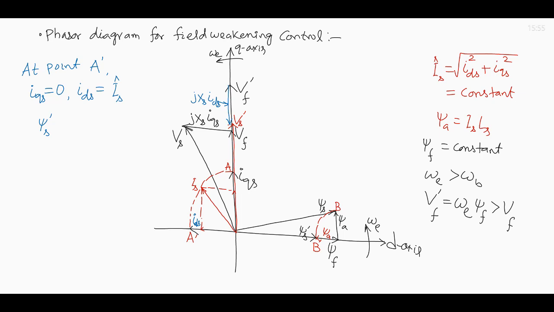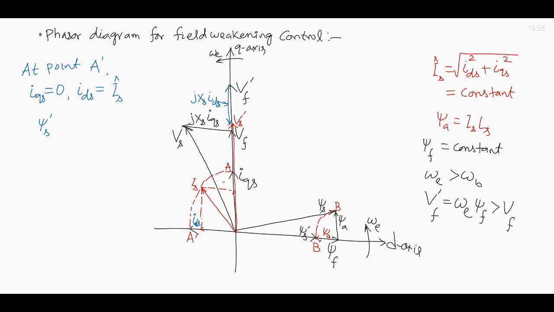So, as the tip of the current phasor I s rotates from A to A dash along the circular path, the armature reaction flux rotates from B to B dash. At point A dash, there is no torque component of the current, I q s is 0, stator current is totally demagnetizing in nature. So, the armature reaction flux psi A is totally demagnetizing.